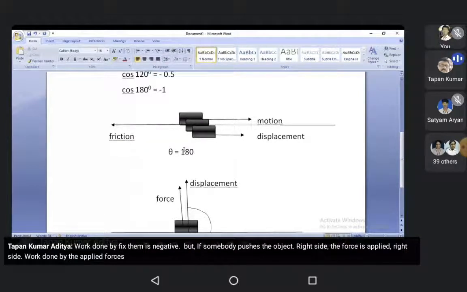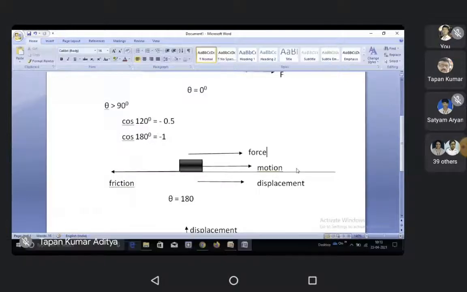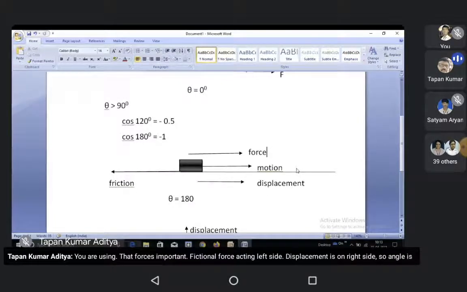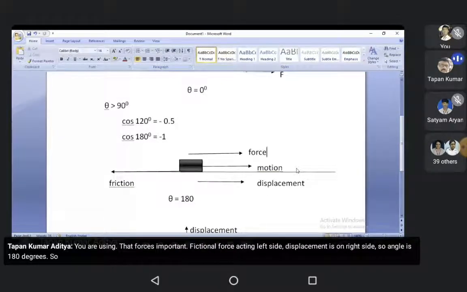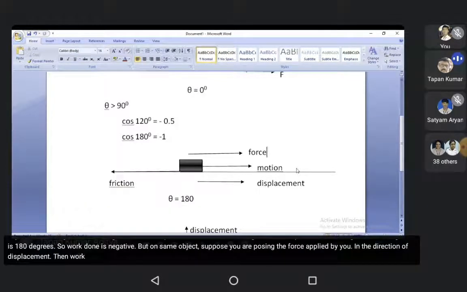So that's why I'm telling you so many times that which force you are using, that force is important. Frictional force acting left side, displacement is on right side, so angle is 180 degrees, so work done is negative. But on the same object, suppose you are pushing, the force applied by you is in the direction of displacement, then work done by you is positive.